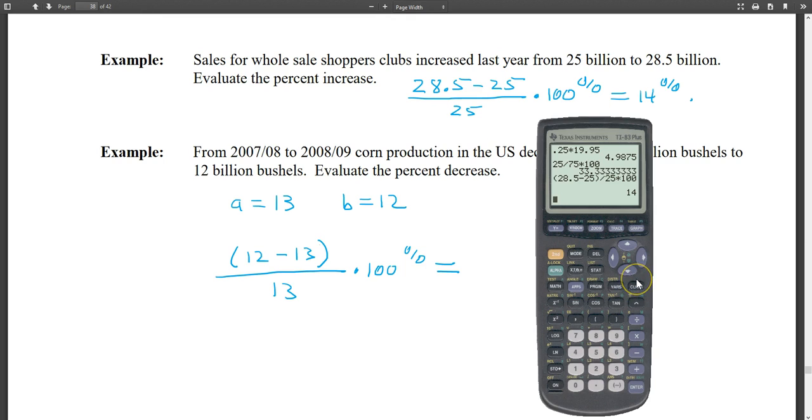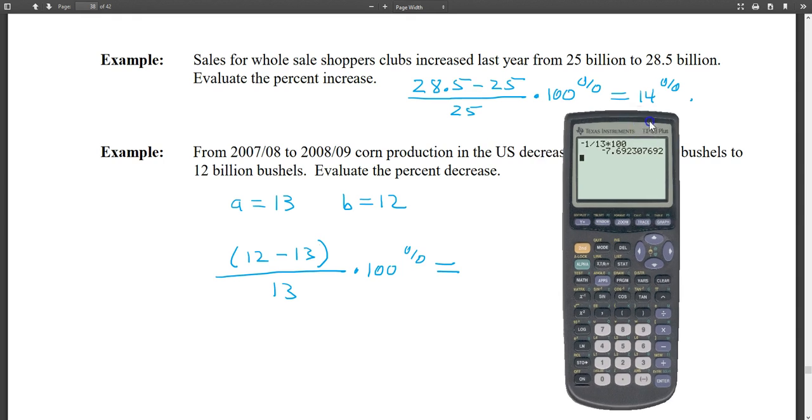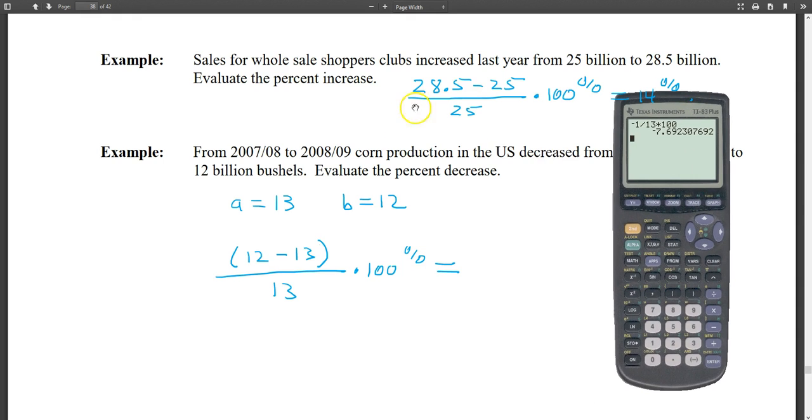And let's see, that is going to be 12 minus 13 is, of course, -1, divided by 13 times 100. And we get negative, rounding to 2 decimal places, -7.69%.